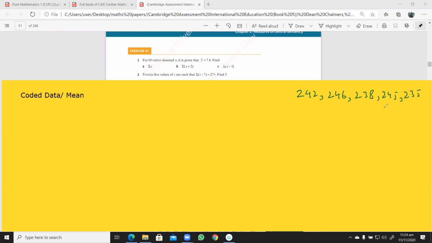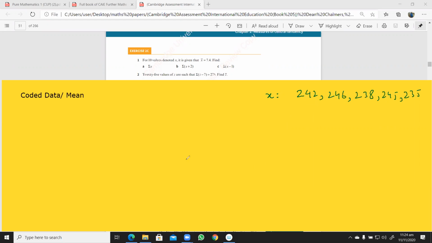These are the values that you have to find the median, I mean, sorry, you want to calculate the mean. These are the values of your x. Now how do we code this data, rather than finding the mean of all these values? Let me give you an easier example first, and then I'll take you back to this difficult one.